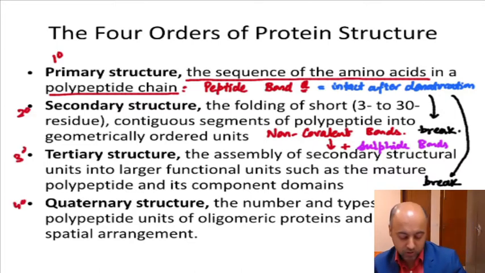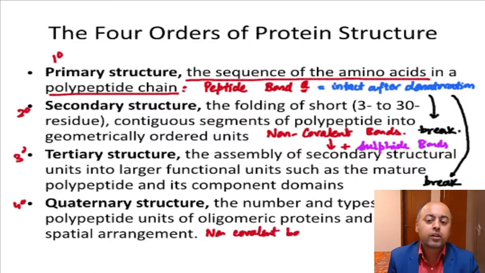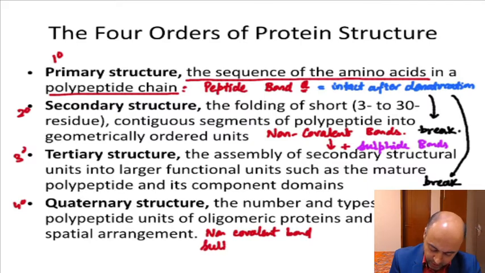So in quaternary structure, you get the non-covalent bond. You also get the sulfide bond. In addition to this, you get what are known as cross links.